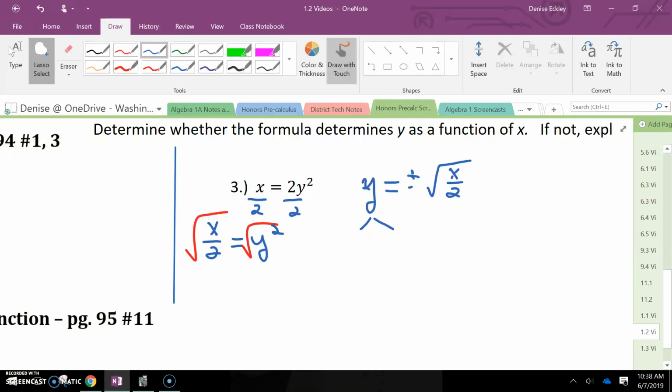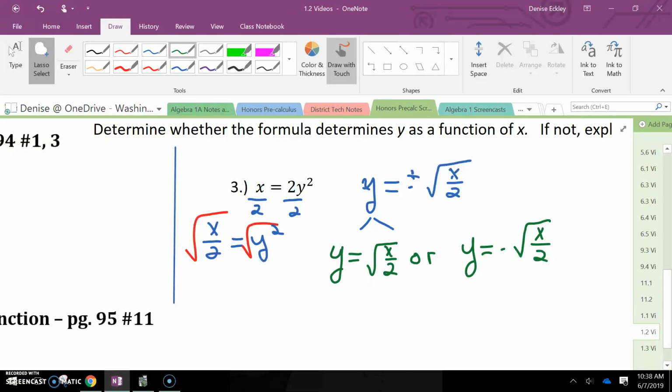So I have a little problem here because I have two different equations to determine y. So y could be the square root of x over 2, or y could be negative the square root of x over 2. So putting the same x in either equation is going to give me two different values.